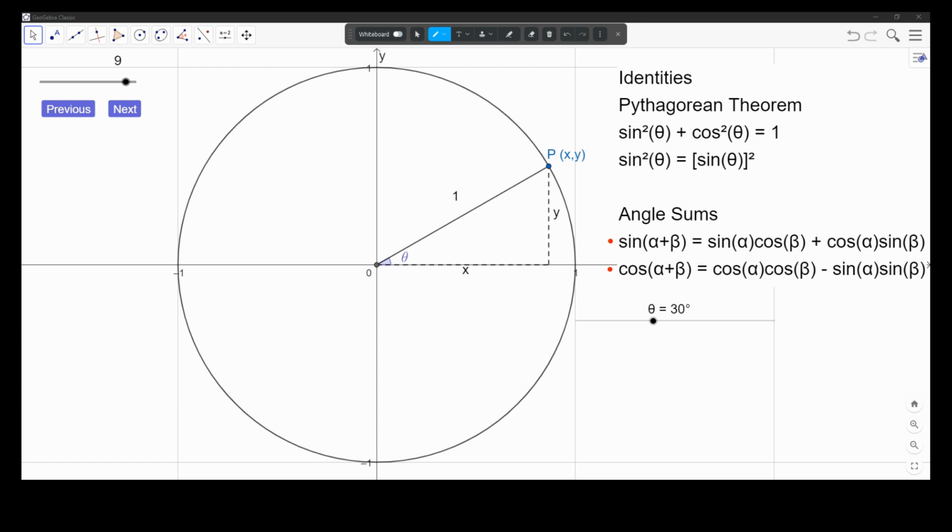And so I find these two sets of identities, the Pythagorean identities as well as the angle sum and difference identities, to be the most useful.